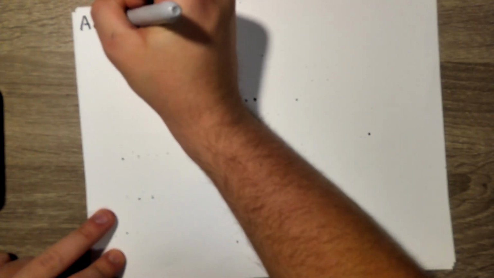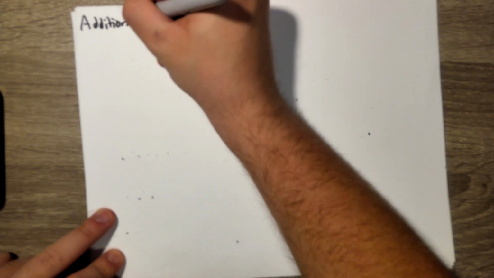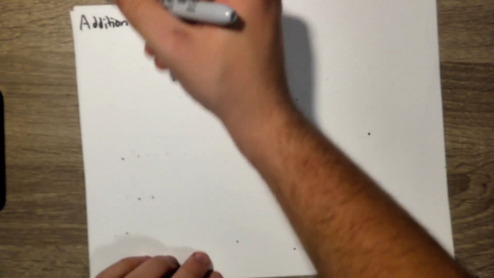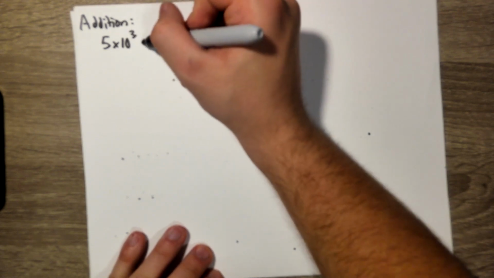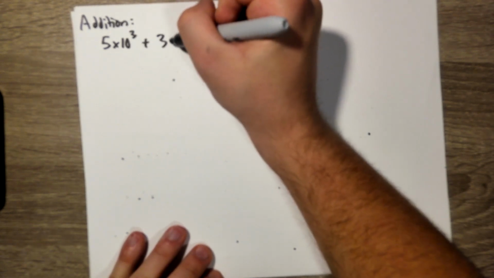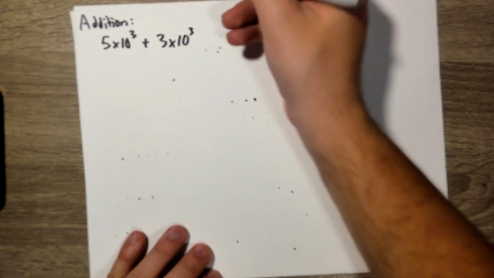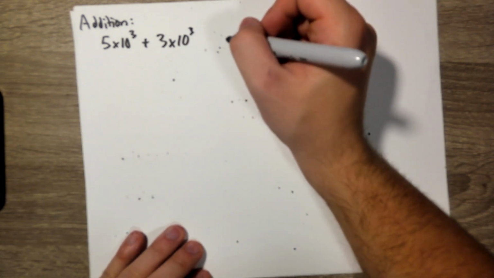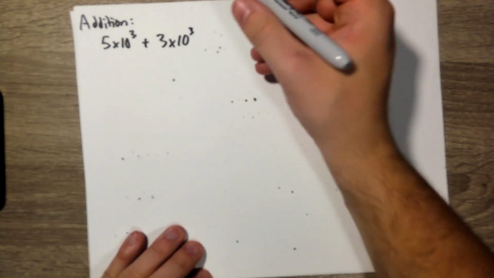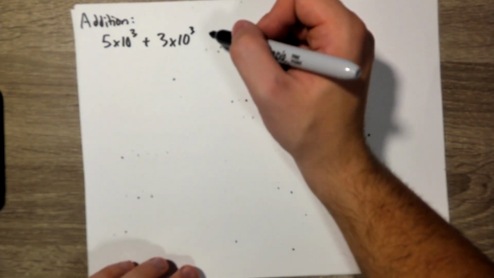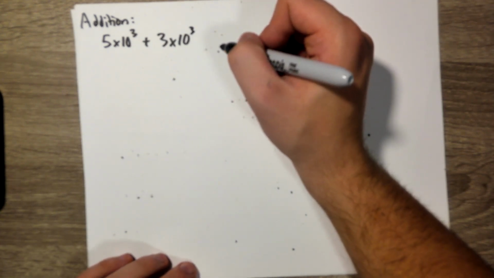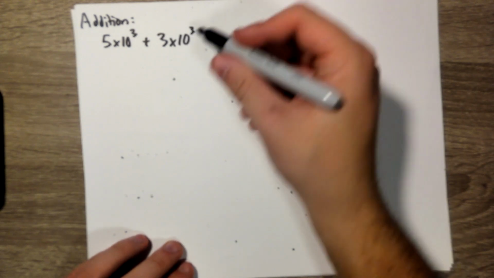Addition, we'll start with. Say you want to add 5 times 10 to the 3 plus 3 times 10 to the 3, which in non-scientific notation is just 5,000 plus 3,000, which we know to be 8,000. But let's do this in scientific notation form.